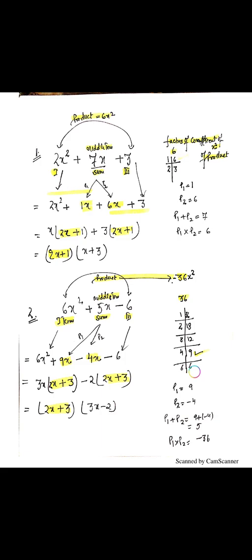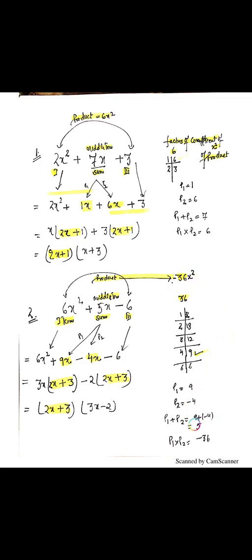1 and 36 not possible, 2 and 18 not possible, 3 and 12 not possible, 4 and 9 yes it can be possible, if P1 is equal to 9 and P2 is equal to minus 4. Why minus 4? Because the product should be minus 36 and the sum should be plus 5.